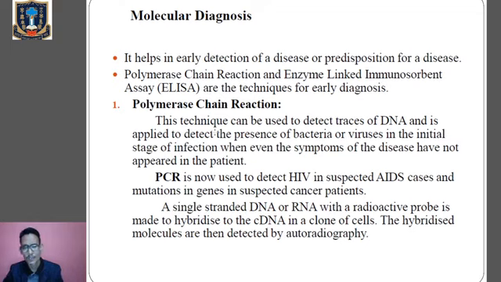So PCR can be used for the detection of HIV at an early stage, or even to detect cancers at an early stage, by using DNA or RNA with a radioactive probe, which hybridizes with the complementary DNA. If there is a mutation, it is not possible to form hybridized structures with the complementary DNA, and that will give us the idea whether there is a mutation or not. Clear?